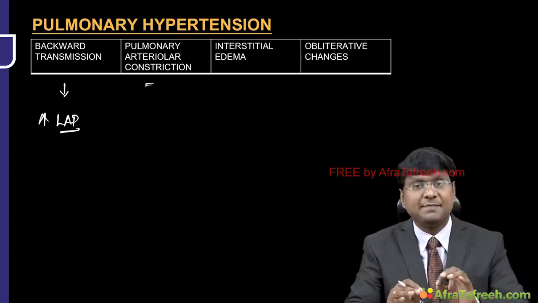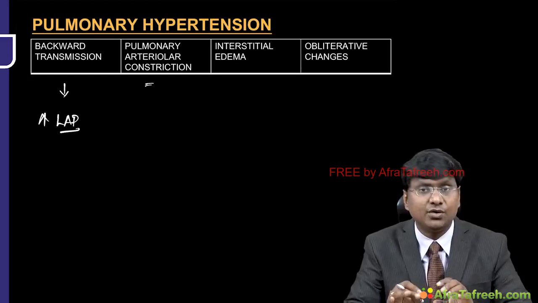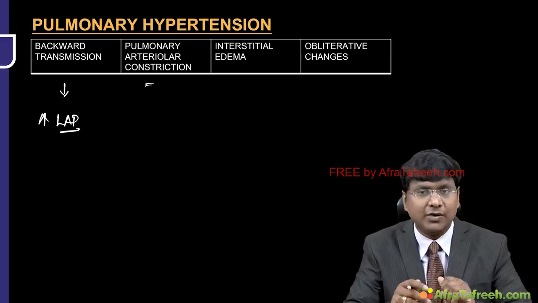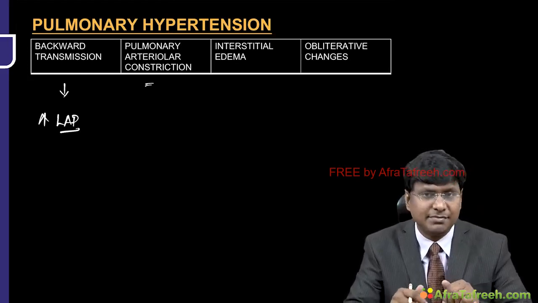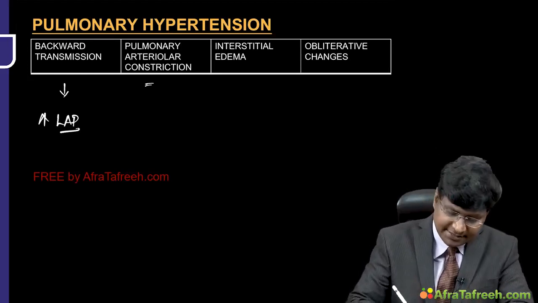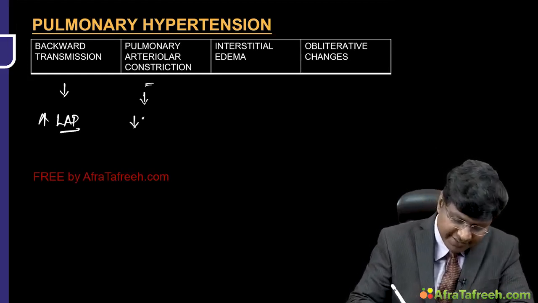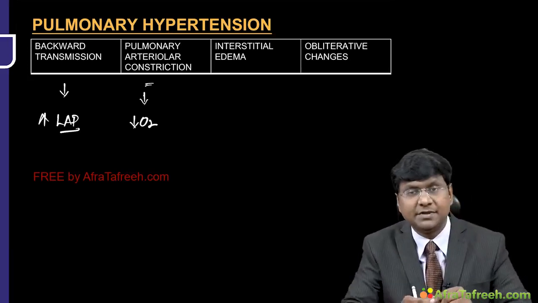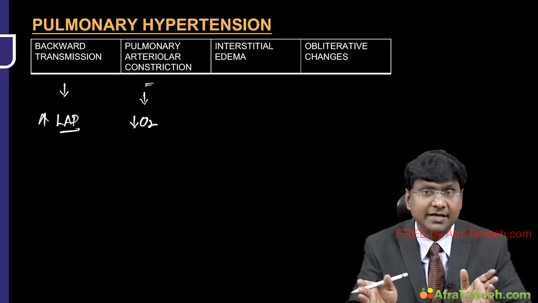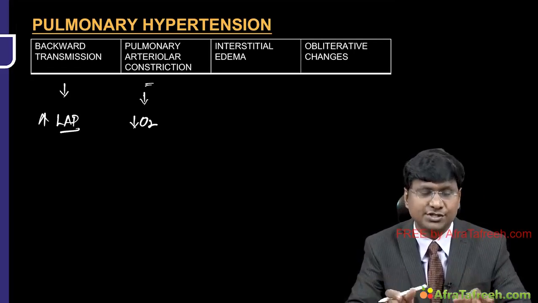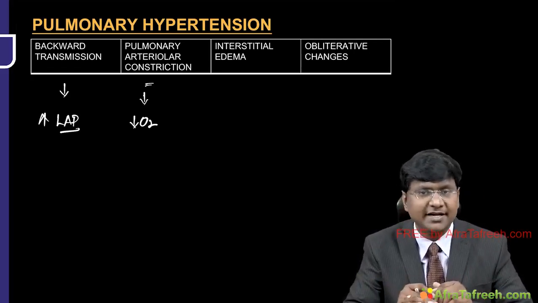Then these pulmonary arterioles undergo vasoconstriction. Why do they undergo vasoconstriction? Because of pulmonary edema in patients with mitral stenosis, there will be development of hypoxia. Now, what is the effect of hypoxia on the pulmonary arteries? There will be pulmonary arterial vasoconstriction, and that will result in pulmonary hypertension.